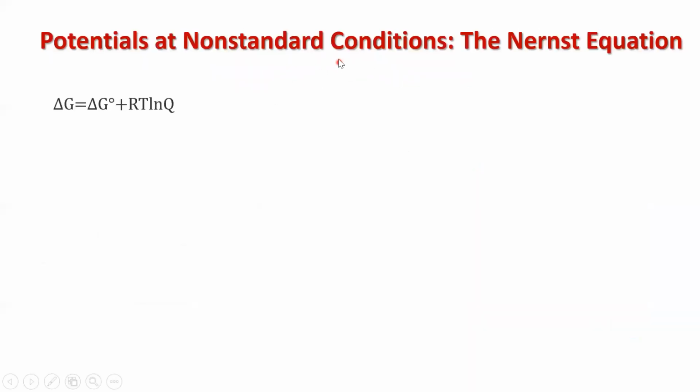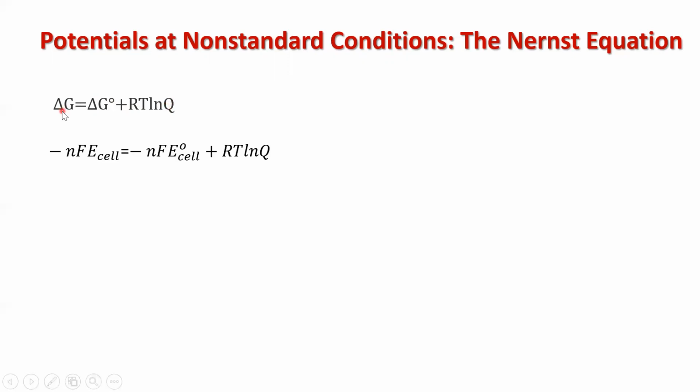So what if we're not at standard conditions? Because often things are not at standard conditions. Well, now we have a little bit of a different equation, which we looked at in a couple of chapters ago. So if we were to look at our free energy at non-standard conditions, it equals our free energy at standard conditions. That's what this little 0 stands for. Plus RT ln of Q, that means we're not at equilibrium.